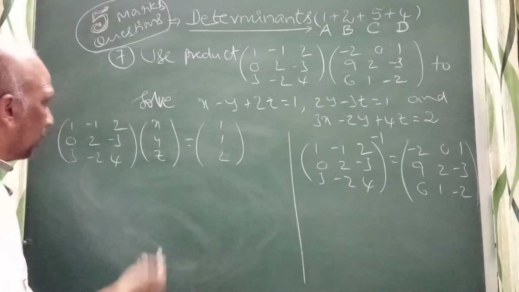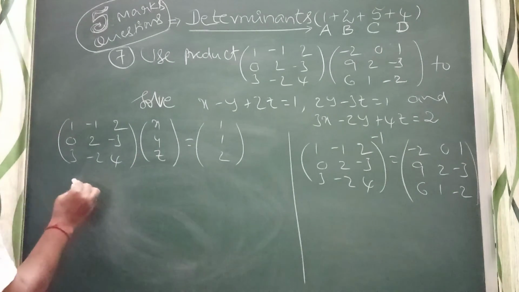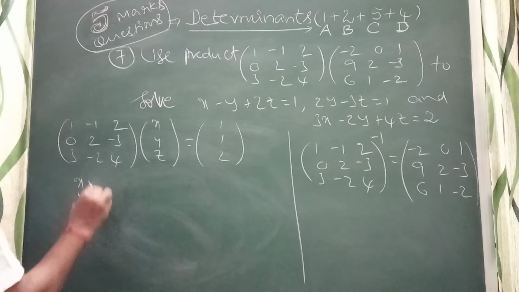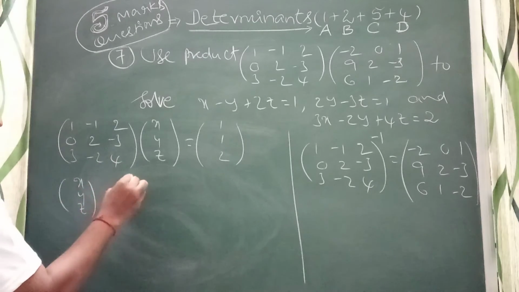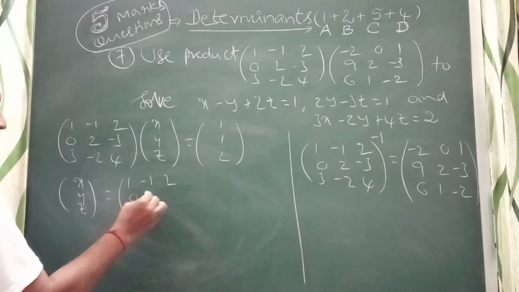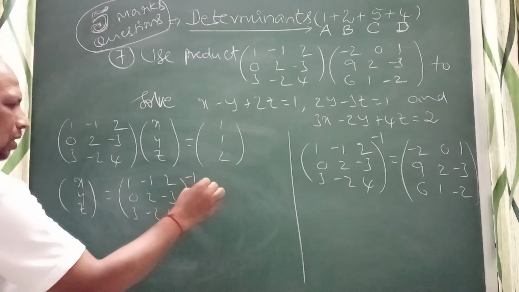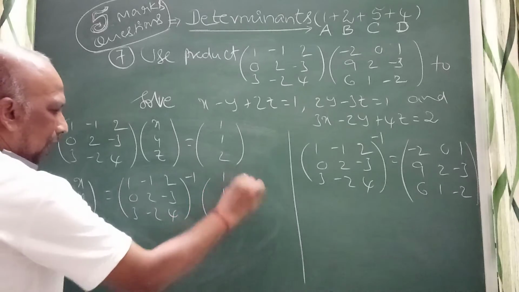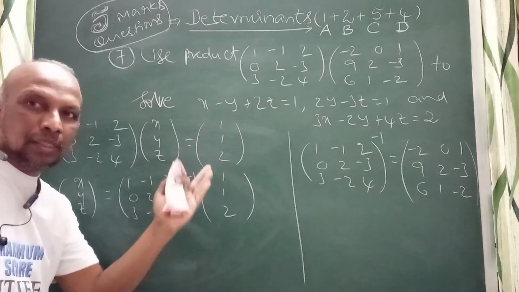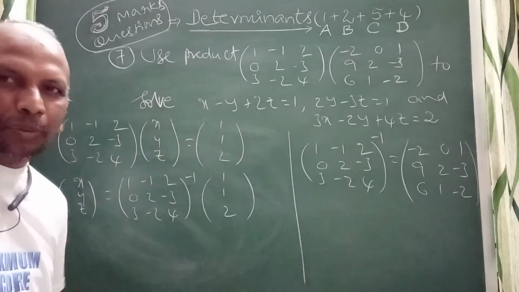If I take this to the other side, it becomes the inverse, right? So x y z is equal to the inverse of this matrix into 1 1 2.